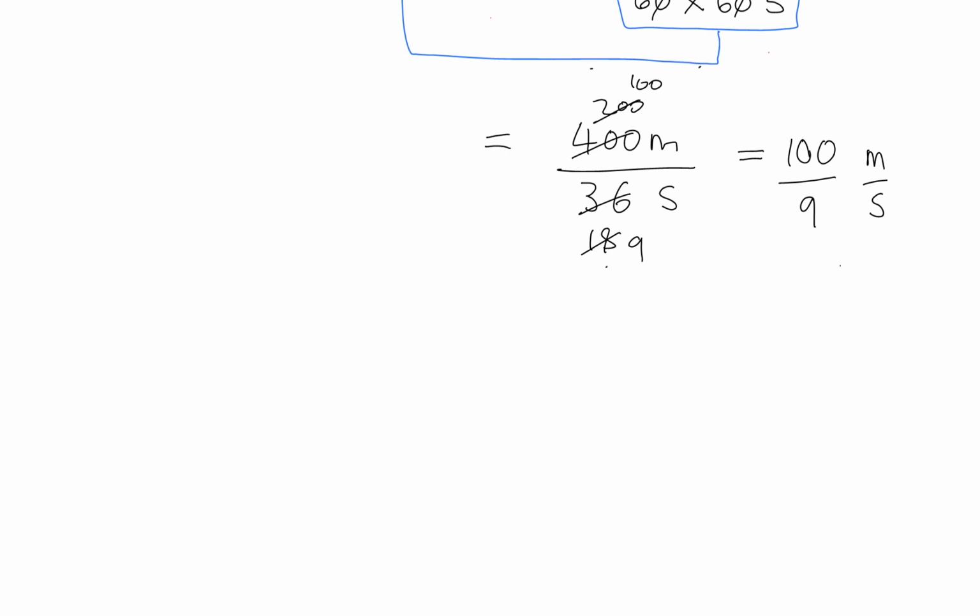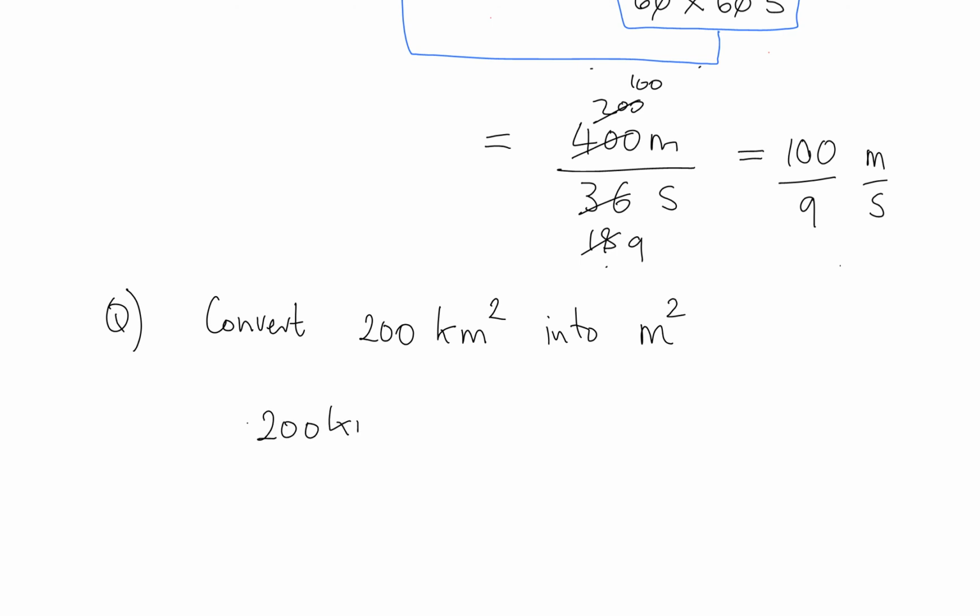Another question could be, convert 200 kilometres squared into metres squared. So we start with our 200 kilometres squared, and we're going to take our kilometres and we're going to rewrite that.